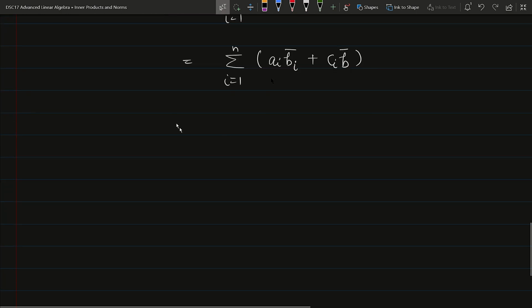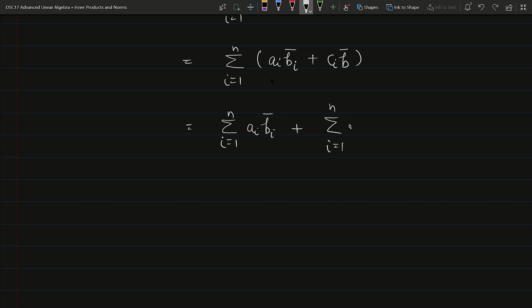Now the summation can be distributed as well. The summation i running from 1 to n of ai bi bar plus summation i running from 1 to n of ci bi bar. And by the definition, this is nothing but x comma y, and this is nothing but z comma y.